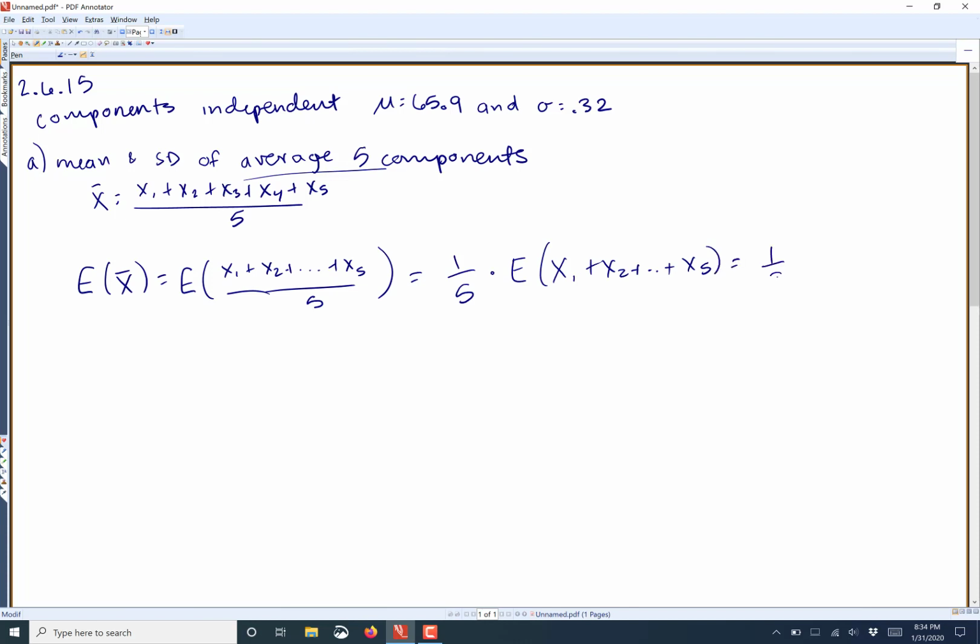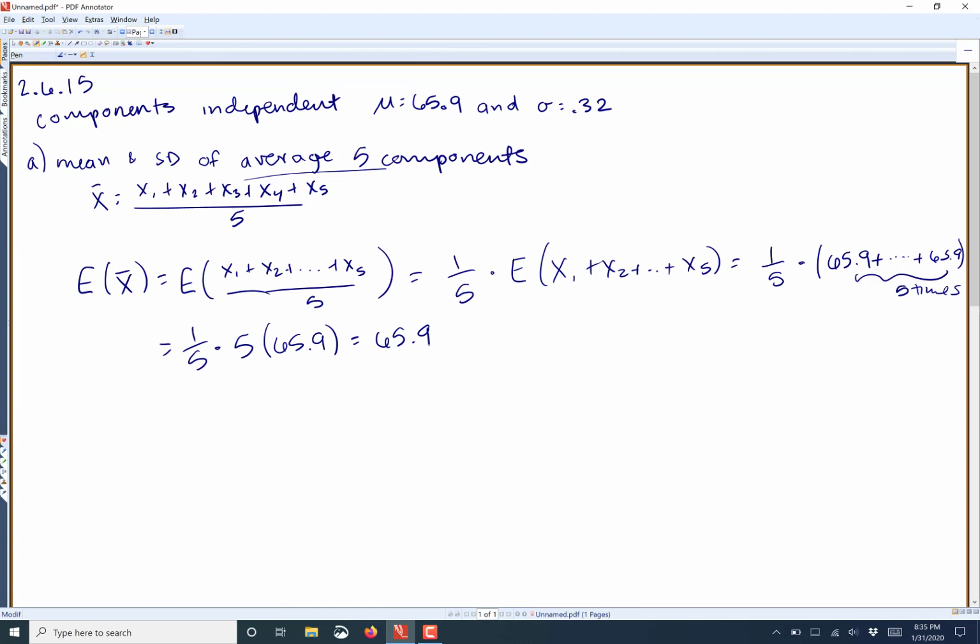Now each expected value should be equal to that mean of 65.9. So we'll do 65.9 plus 65.9, we'll do that 5 times. So we get 1/5 times 5 times 65.9, which leads us back to 65.9.